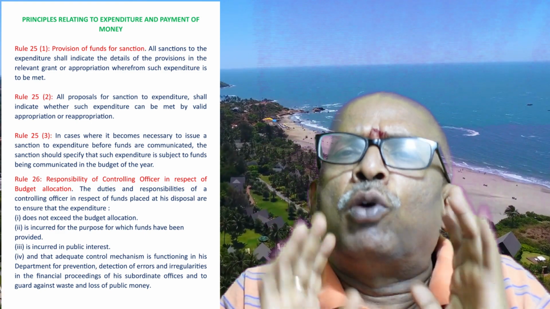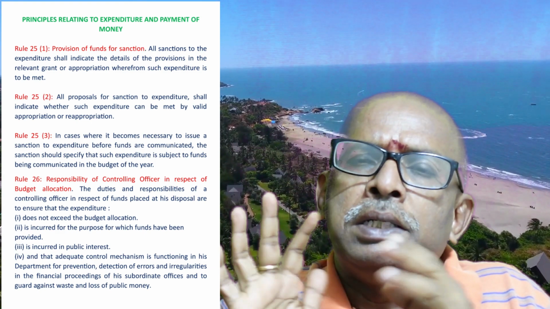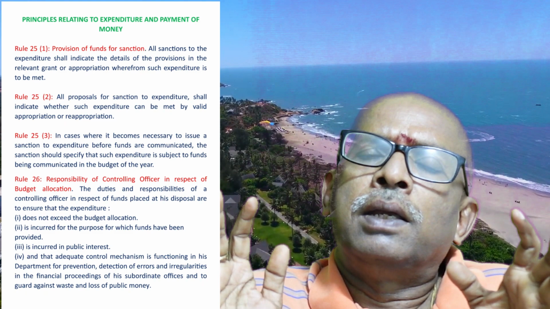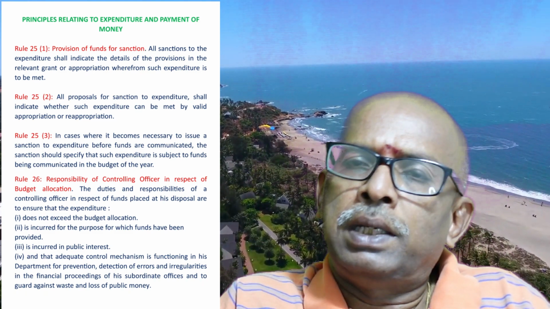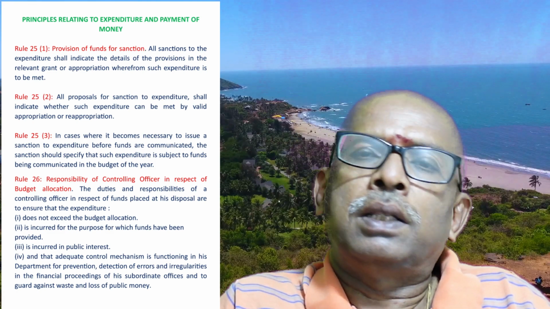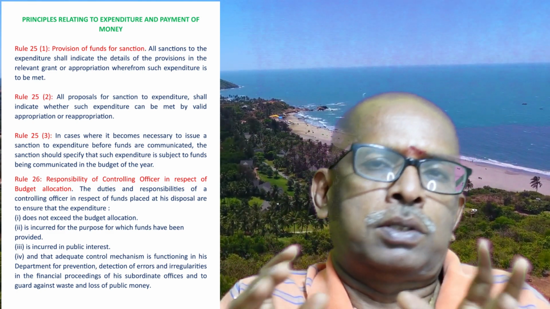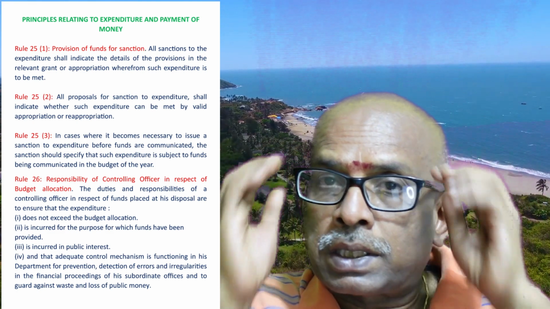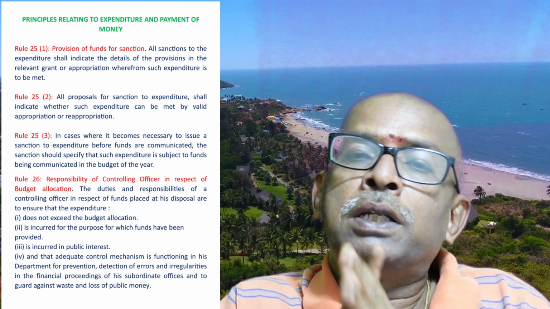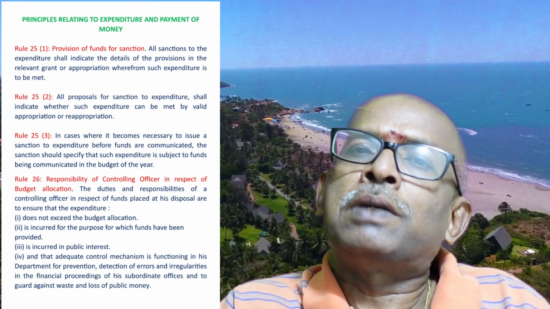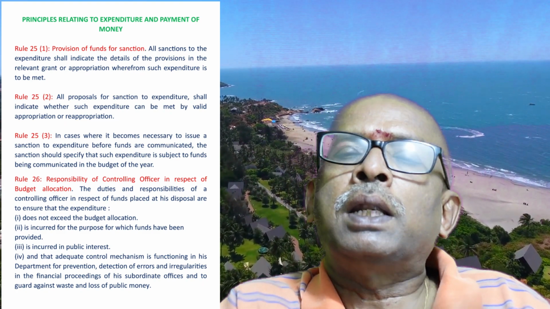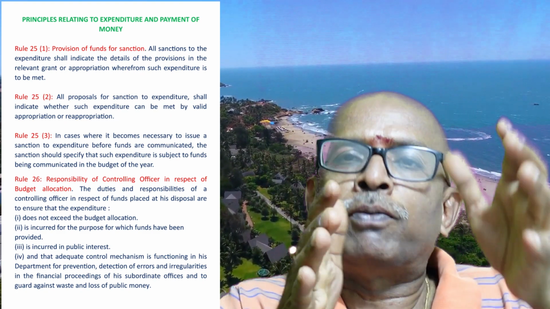Normally in every session you can go for reappropriation, but in government in general normally it is done in September, October. So in the winter session, the reappropriation is normally done across the board. But in every session you can go for reappropriation if the situation calls for. So you have to say in the proposal itself, yes, there is an allocation, appropriation is there. It is proposed to be met from this appropriation.